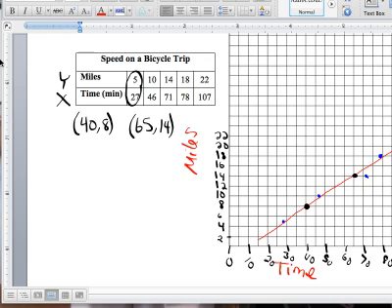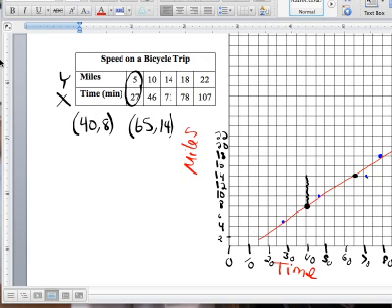I need to find the slope. Now, because we've got the line on the graph, we can count the rise over the run. We can use the slope formula, and that would work just fine. But we can count our rise over our run from one point to the other. So I'm going to do that. If we have to rise, how many? I rose 3 units, but every 1 unit represents how many? 2.